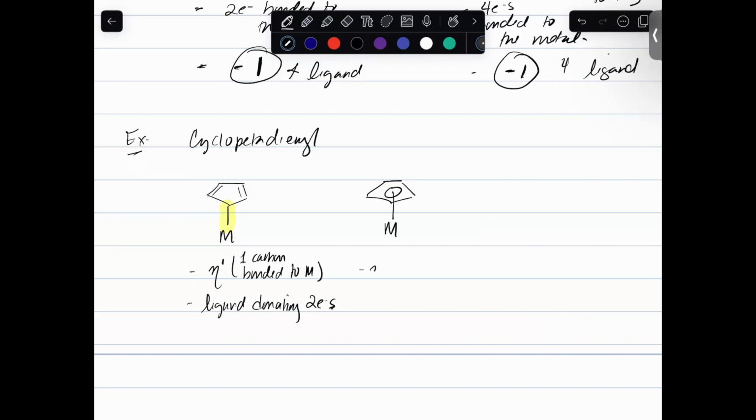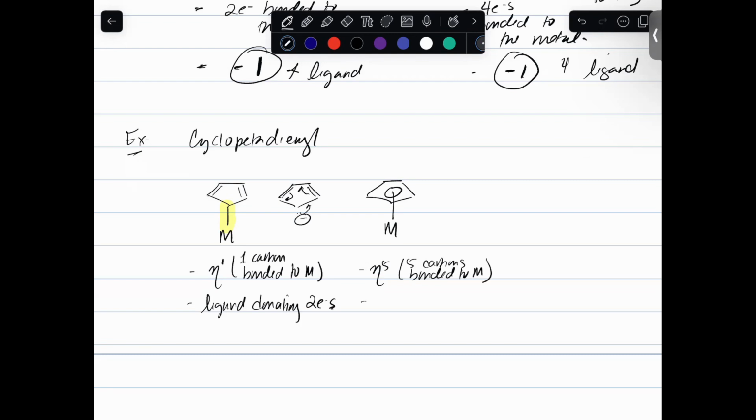This is eta 5. It's still a cyclopentadienyl, but now notice that this structure has resonance. And because it has resonance, you have the flow of electrons all around your ring. And so the entire 5 carbons can be bonded to your metal. So in this case, 5 carbons bonded to my metal.